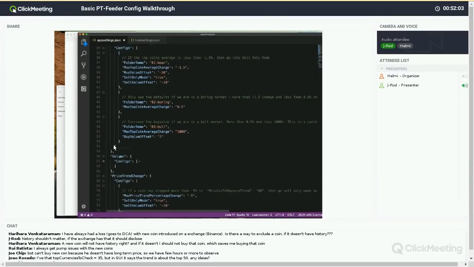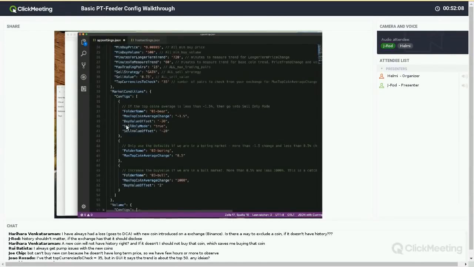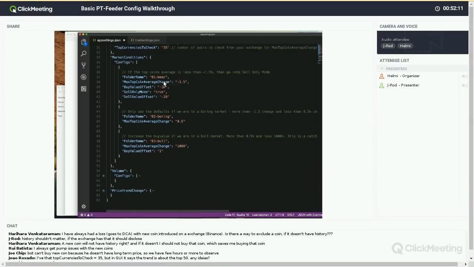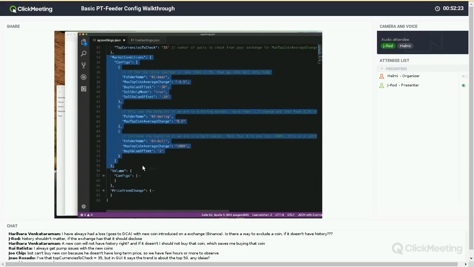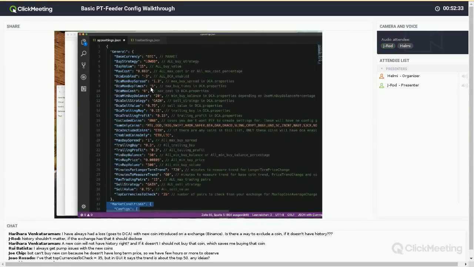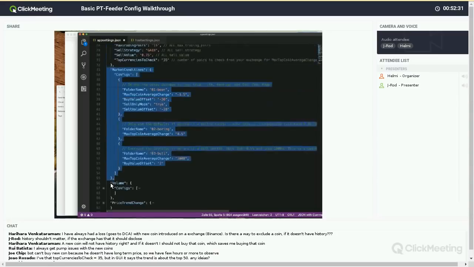The market conditions are actually sensor-based condition sets that modify your base values, and this is now the most important part, for all the coins that are being traded. So everything that happens here in terms of modification is valid for all coins, a bit like the base section. Everything that comes after that acts on single coins. So this is the biggest difference of the market conditions.